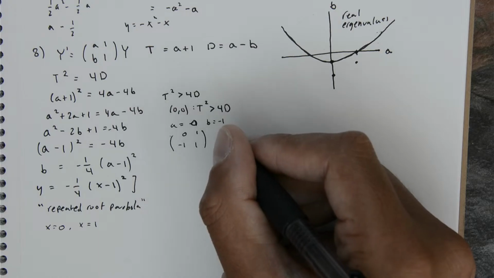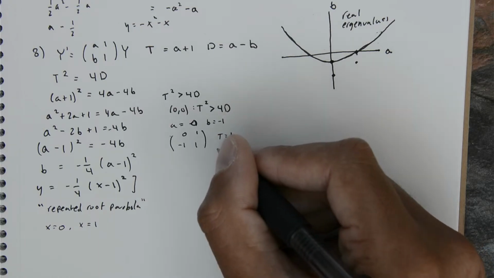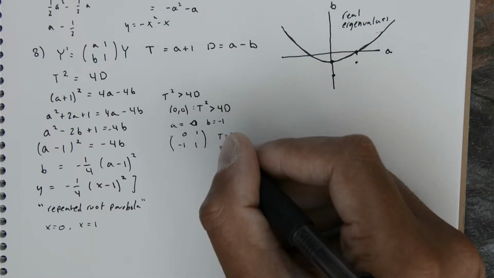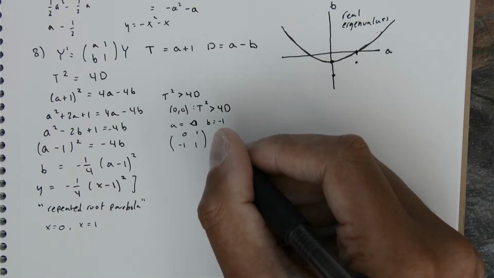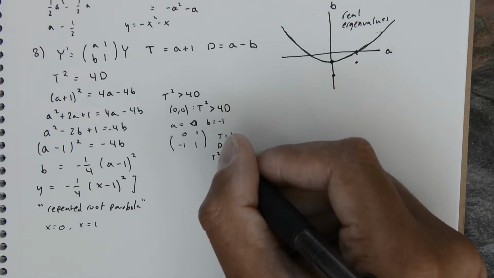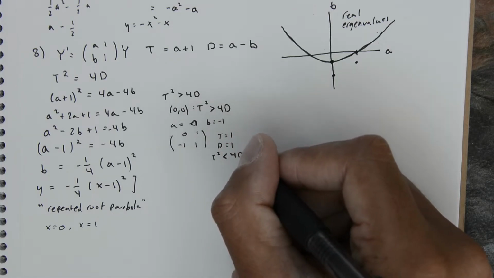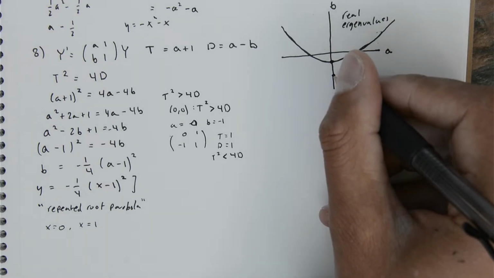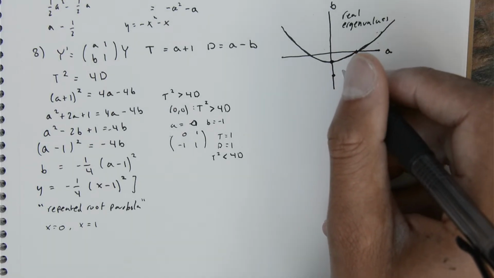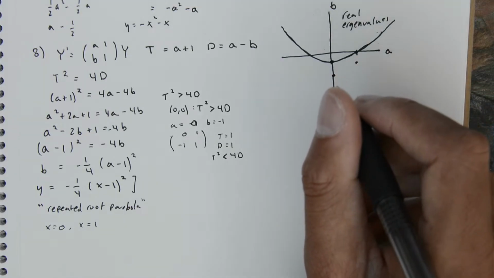And we're going to have a trace of 1 and a determinant of 1. So t squared is less than 4d. So here, I think it's, the trace is positive.